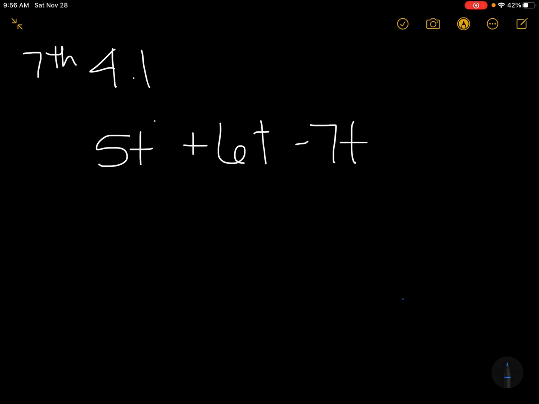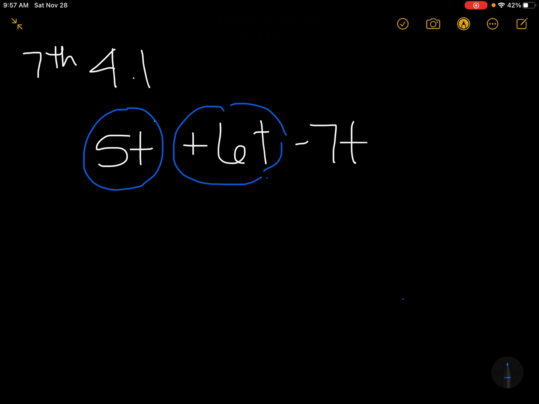If they are exactly the same with the variable that's attached, then they are the same type of fruit or the same shape. So for instance, we have 5t, 6t. Those are the same because there's no exponents.